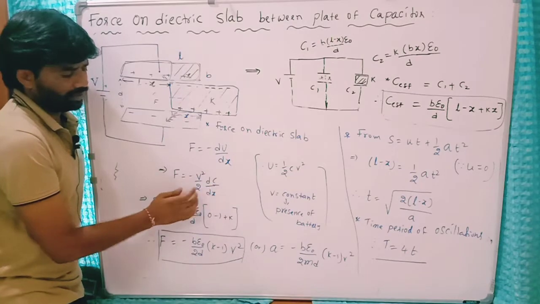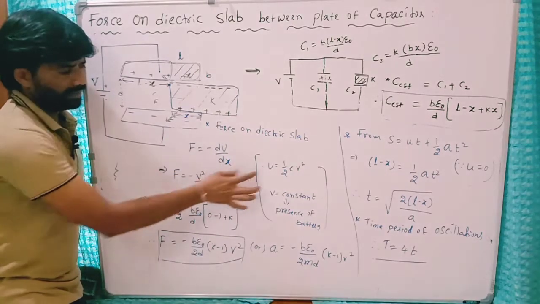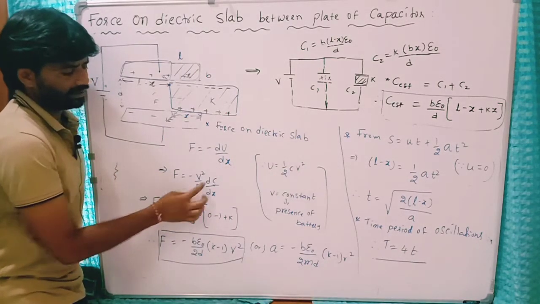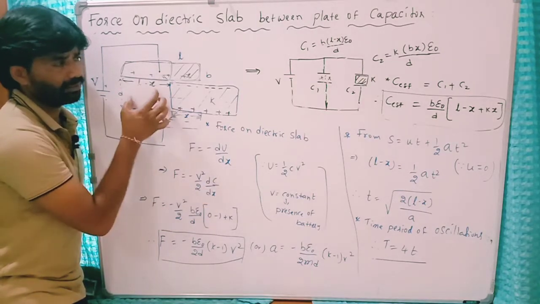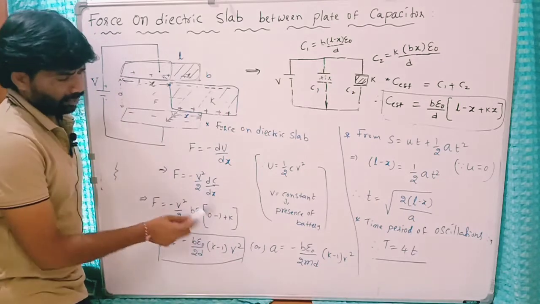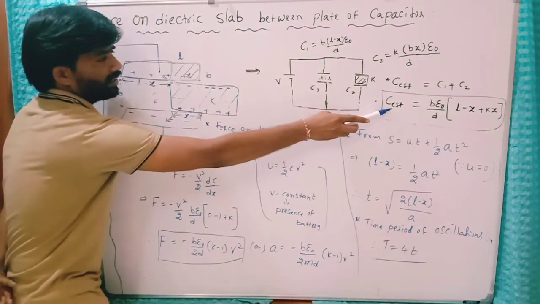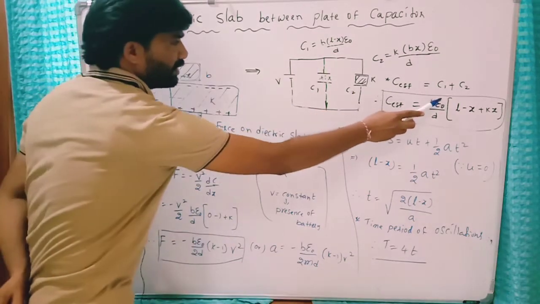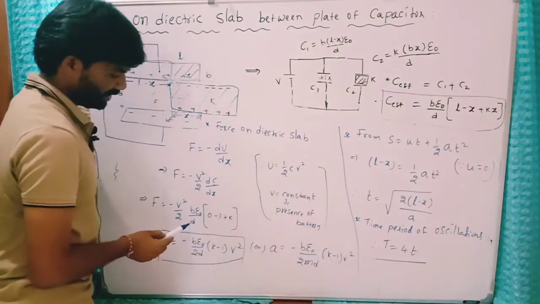Substitute this here, you will have V square by 2, constant, outside, dC by dx. C is the effective capacitance of this, already we have written there, right. Now the differentiation of this, look at this carefully, write these constant terms outside here.